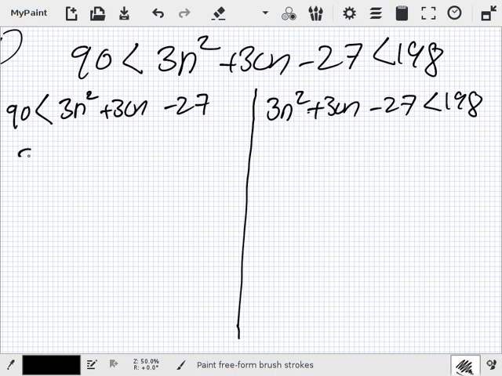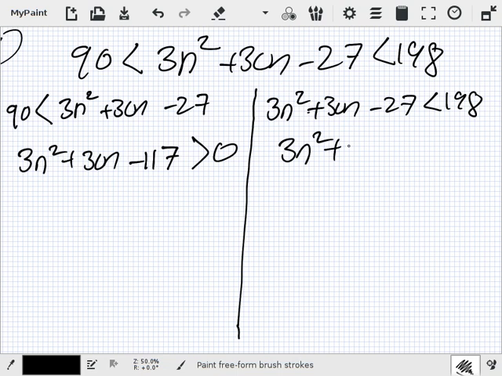So here I get 3n squared plus 30n minus 117, minus 90 minus 27, more than 0. And here I get 3n squared plus 30n minus 225 less than 0.